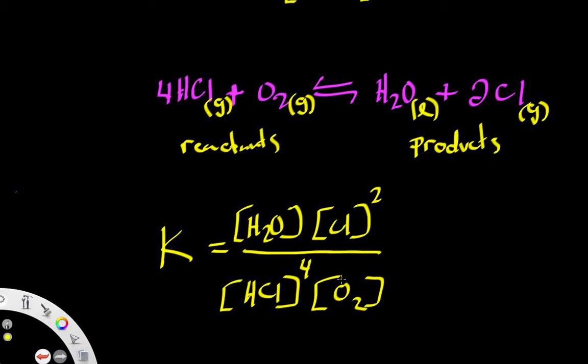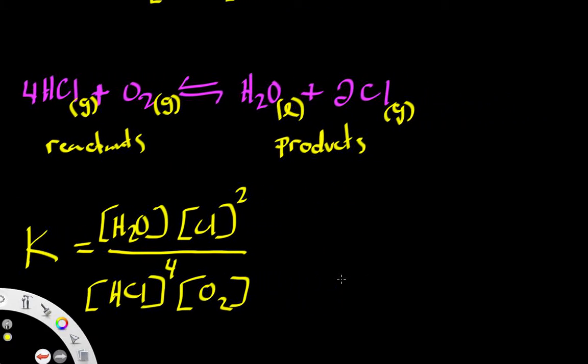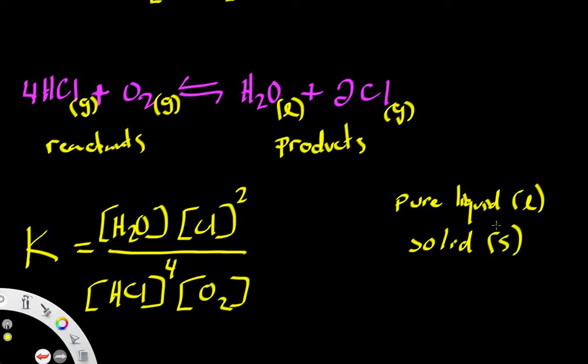So that looks correct based on what we've learned so far, but one thing I need to mention now is that there are certain phases of matter that can be neglected and omitted. So what I mean by that is if you see a pure liquid, it could look like this, or if we have a solid with just an S, or if we have a noble gas, all of these can be omitted from our equilibrium expression.